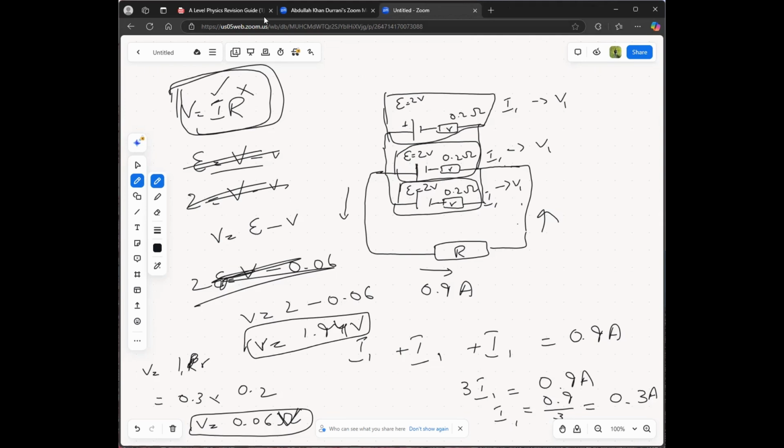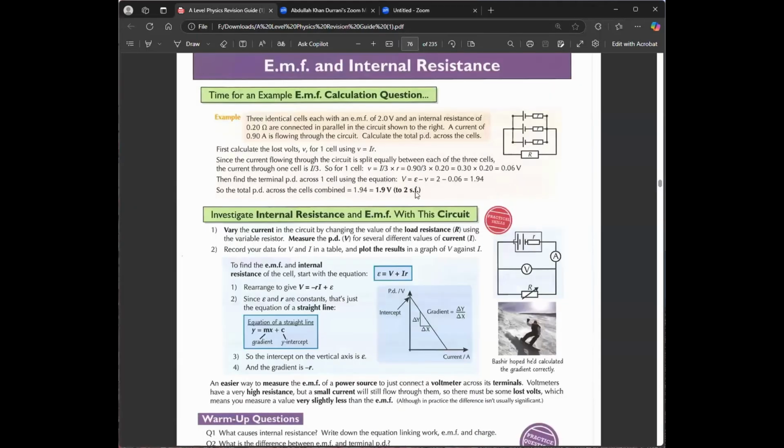Is that what they asked us? Yeah, not that difficult, right? So basically, first is the concept that you should know. EMF is the electromotive force, that is the total potential difference that the battery has. Obviously, it cannot provide that external to the battery because some of it will be lost inside the battery because of the internal resistance.